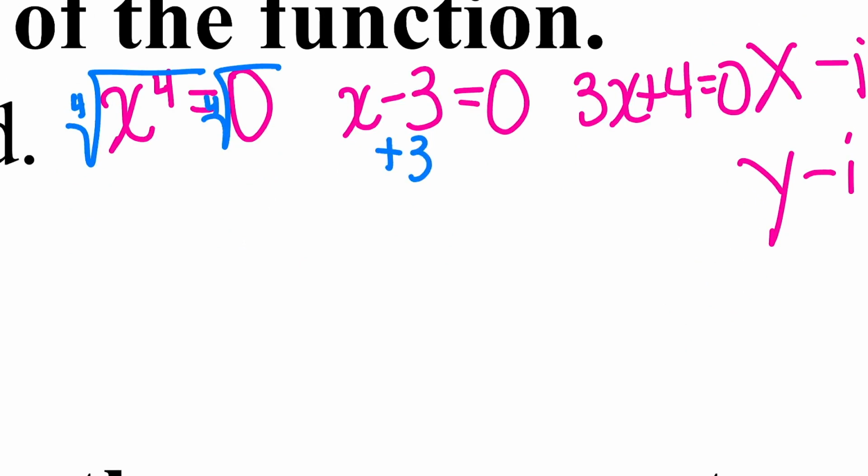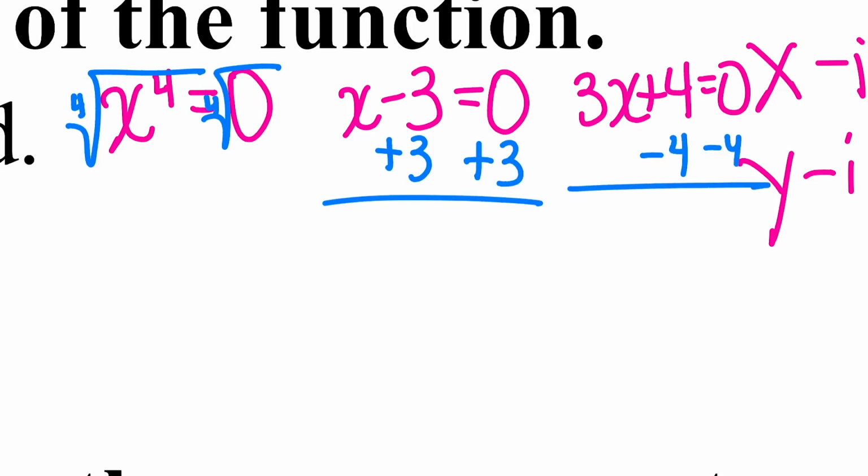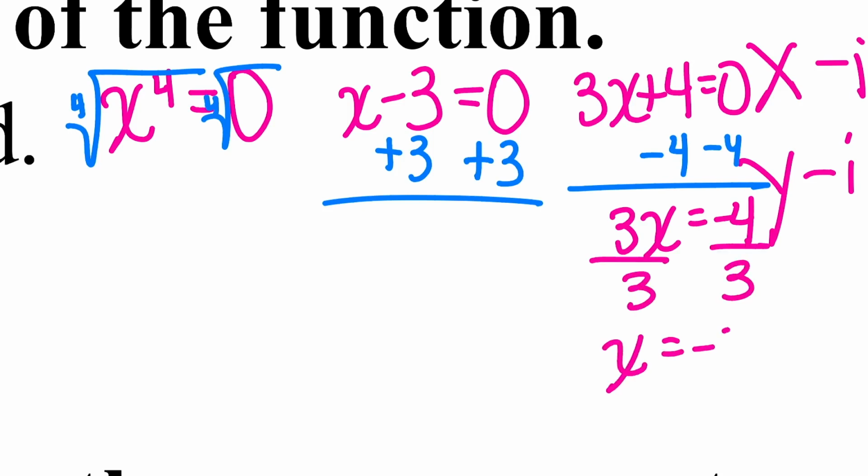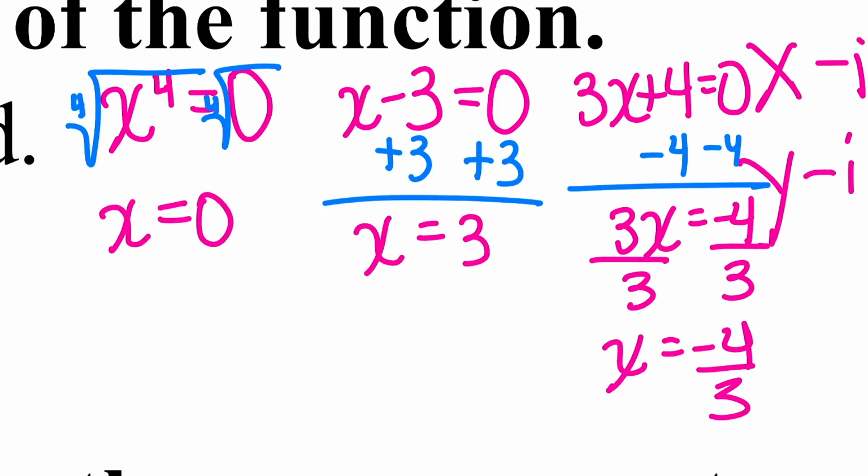We add 3. We subtract 4. Divide by 3 here. So x is negative 4/3. x is 3. And x equals 0.